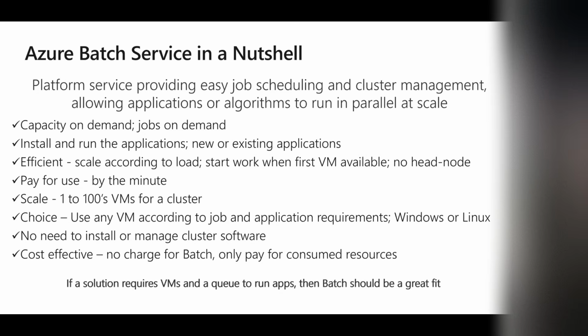Azure Batch is your friend because it allows you to get capacity on demand, run those jobs, and go from 1 to 100 VMs in a cluster. You only pay for the VMs which you are running right there and then, per minute of usage. So that's the capacity.